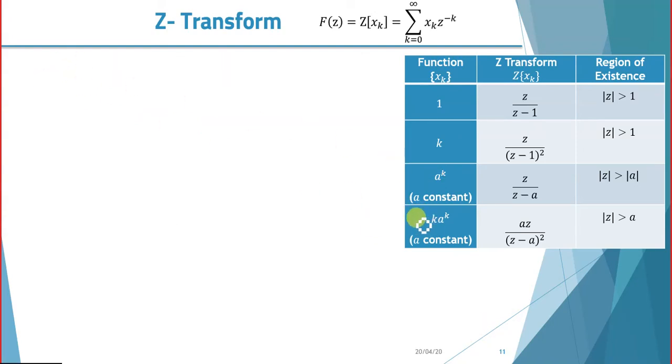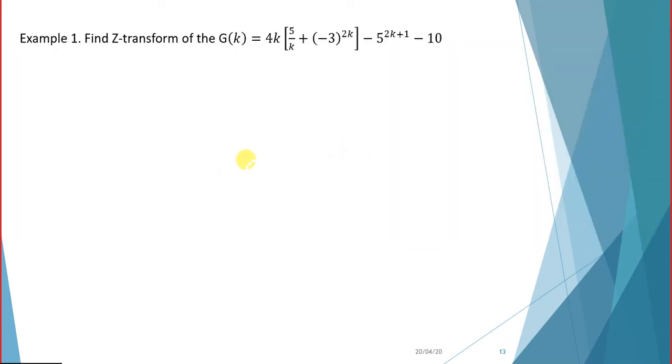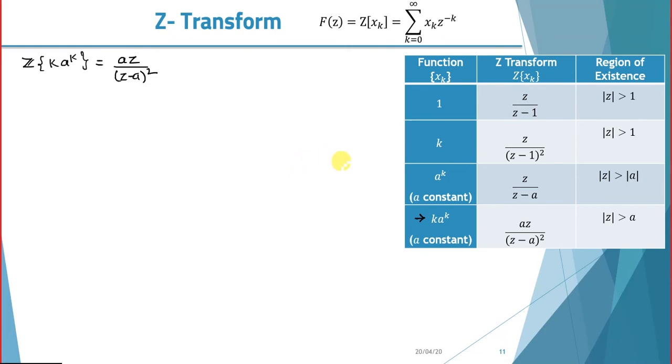So let's work on this rule. This rule says that Z transform of k times a power k is az over (z minus a) square. So what is happening here?